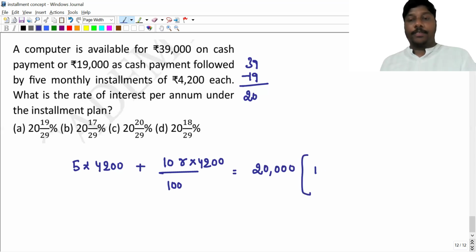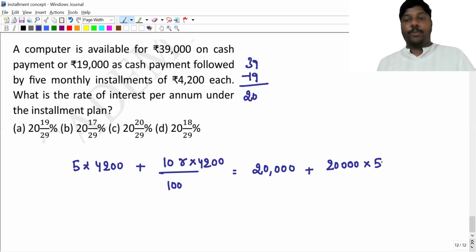Take it as 1 plus, P you have taken common. So TR, T means 5 years now, so 5R by 100, or else 20,000 plus 20,000 into 5 into R by 100 you take it.